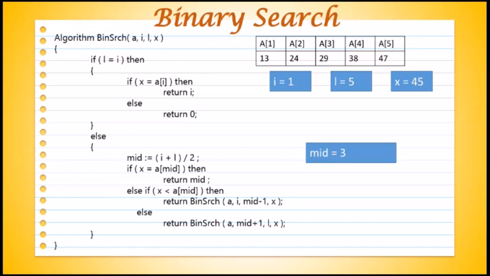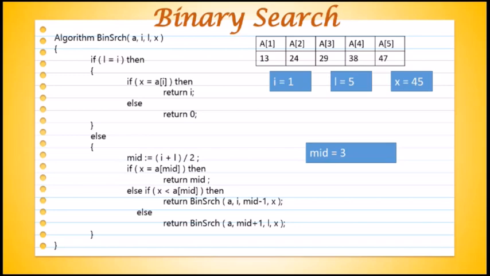In the else part we are recursively calling the bin search function, but we are changing the position of first, that is we are changing the value of I. So we are returning the call with A, then mid plus 1, which is 4, and then L. L will remain as it is, and then X, the searching element.